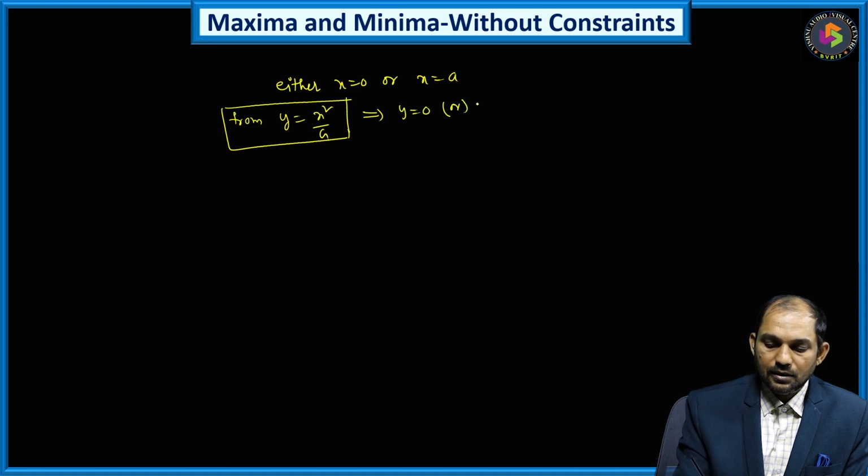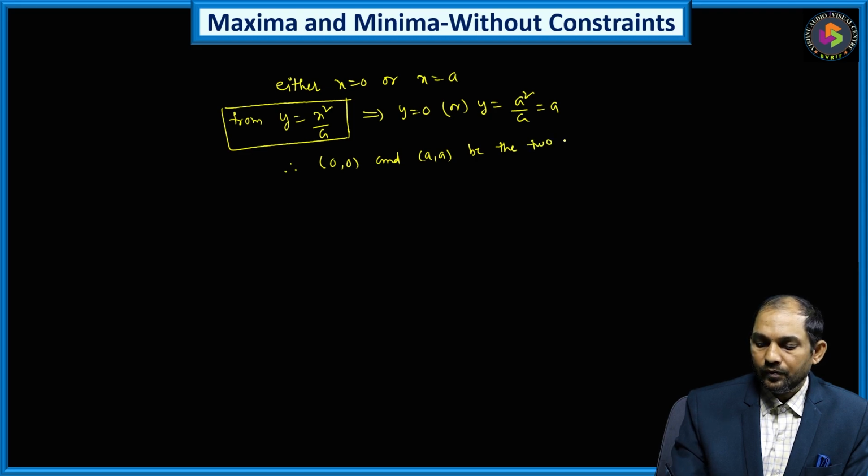When x is a, y is equal to a square by a, nothing but a. Therefore, the two possible stationary points are (0, 0) and (a, a).